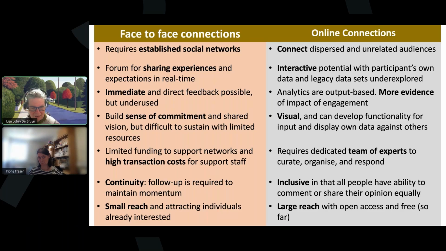So what I would like to argue is that there are pros and cons to face-to-face connections and online connections, but increasingly I think we need to maintain this hybrid model. They both do require the human capital to be sustained and supported, and I think sometimes this is a difficult issue because there's a lot of burnout in maintaining social groups face-to-face.